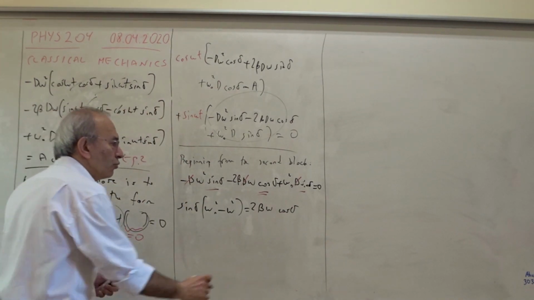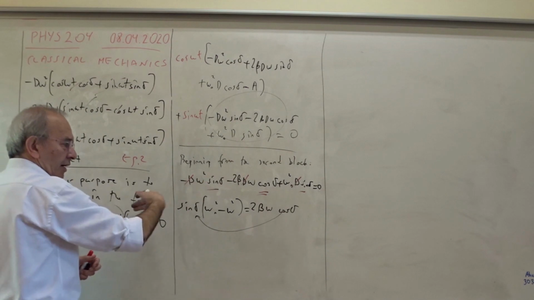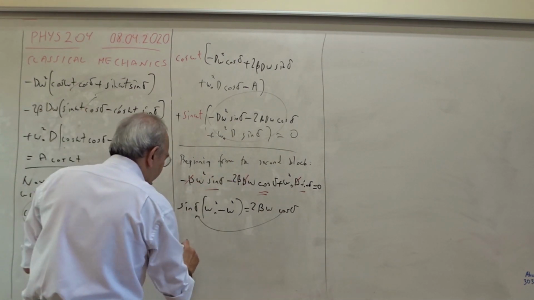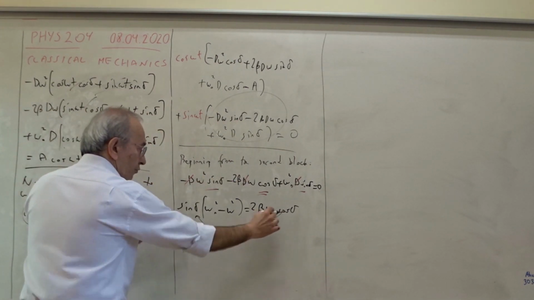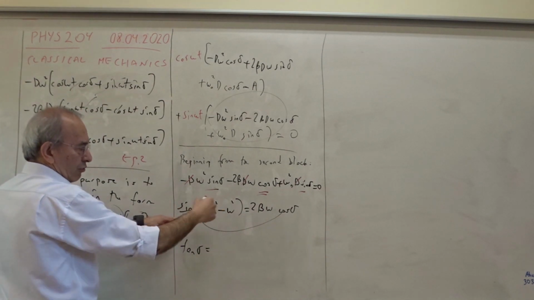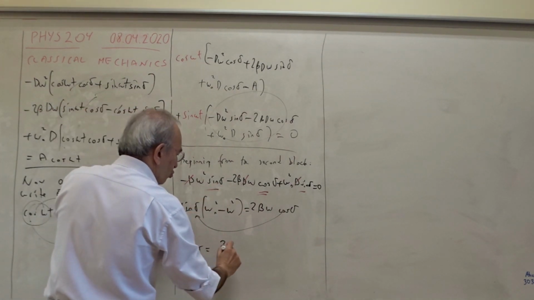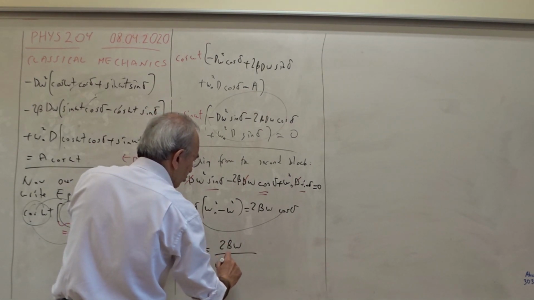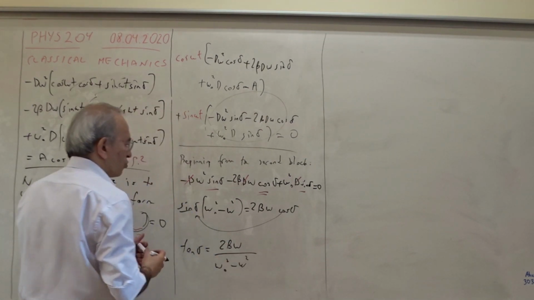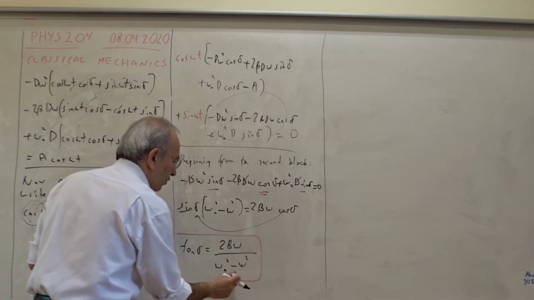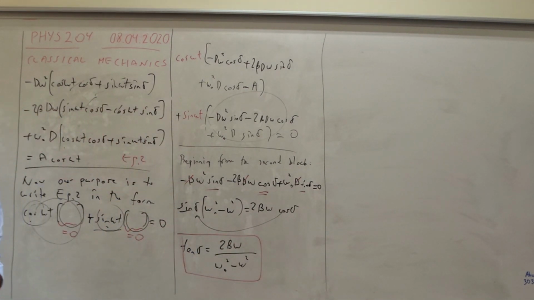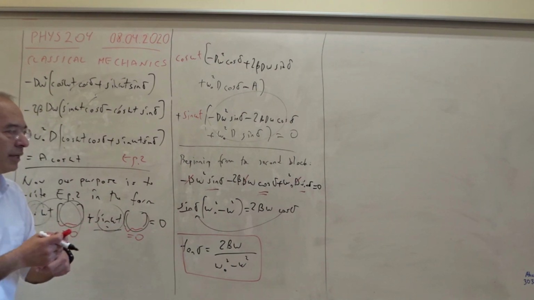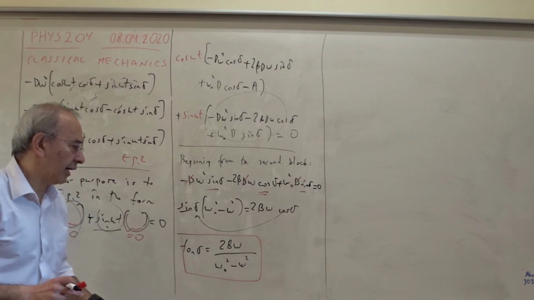So it is easy to find the tangent: tangent delta, if you divide by cos delta through, is 2 beta omega divided by omega 0 squared minus omega squared. So this is the first information we obtain for the phase factor delta. Tangent delta is obtained, so delta is the tangent inverse of the right hand side.